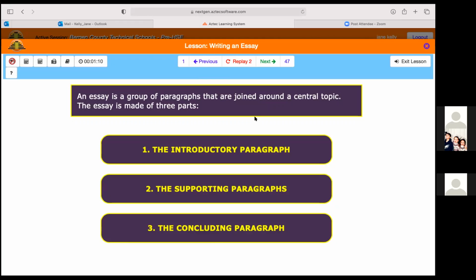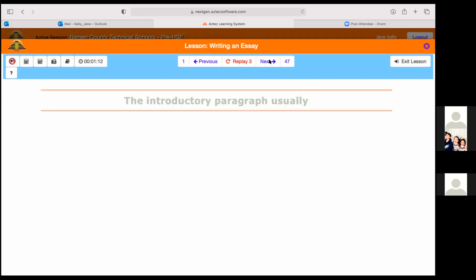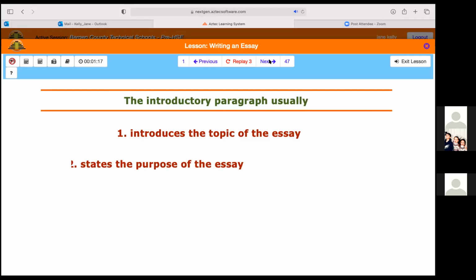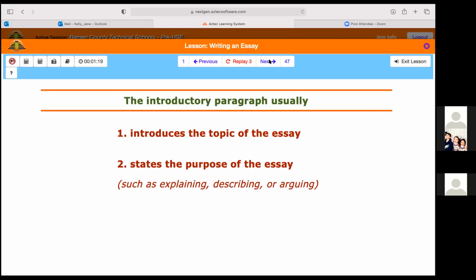Maybe say there's some really good stuff in there that they should have put in the upper level, so they don't feel embarrassed that they're in the pre-HSE, because this looks like exactly what they need to know. And I like the integers there for math. There's a lot of good stuff in pre-HSE. So here, what does an introductory paragraph do? I like this.